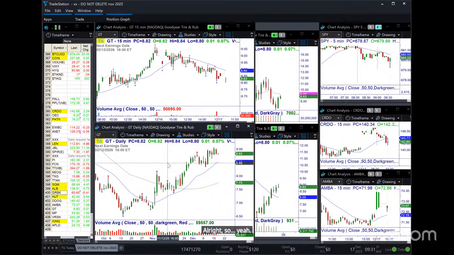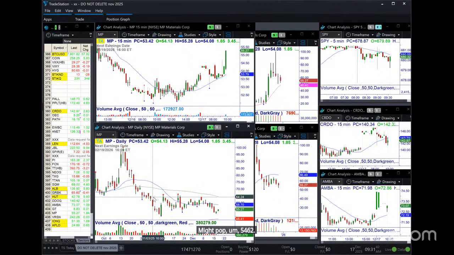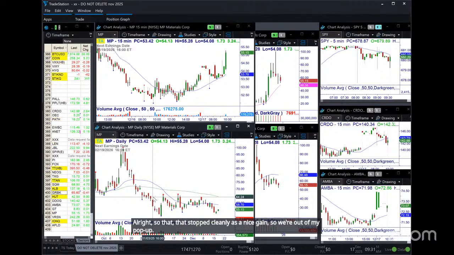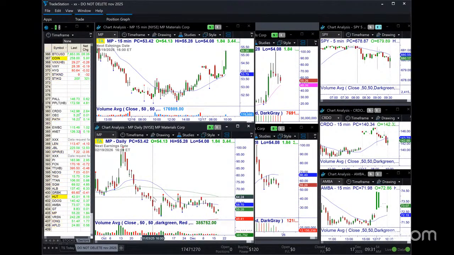Mike Papa alarm, we're in trail mode, where's our stop? Mike Papa, 5462. All right, so that stopped cleanly with a nice gain. So we're out of Mike Papa. The next target.